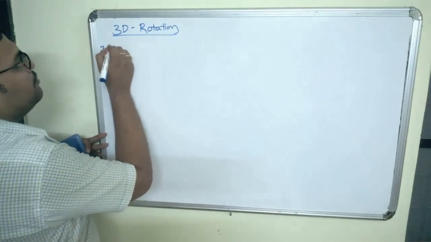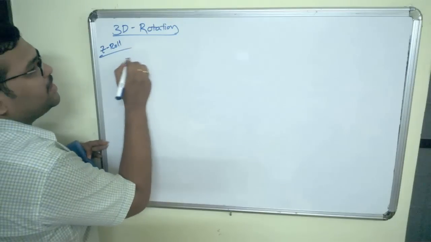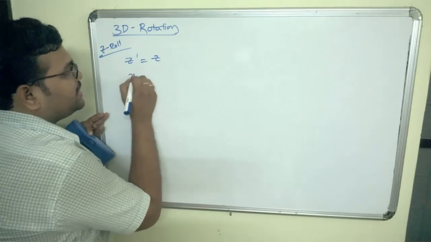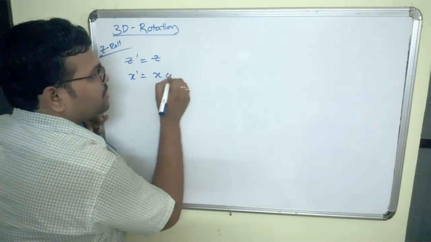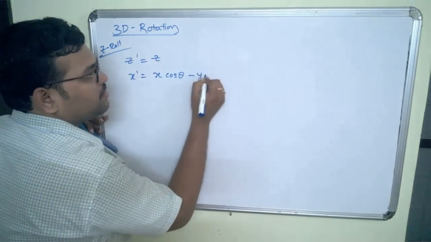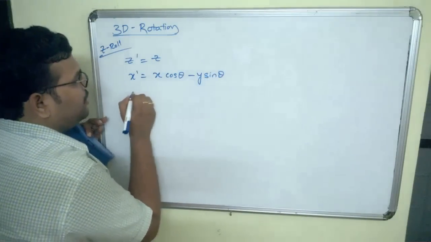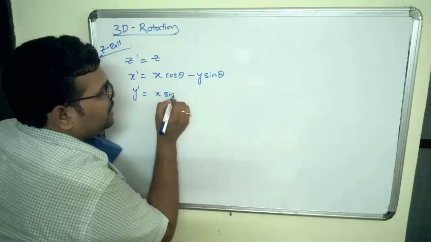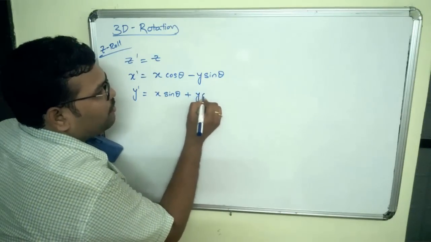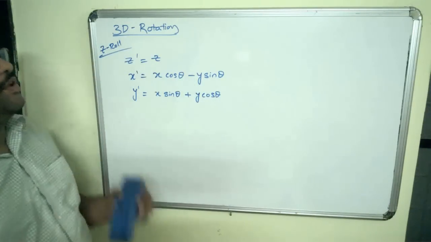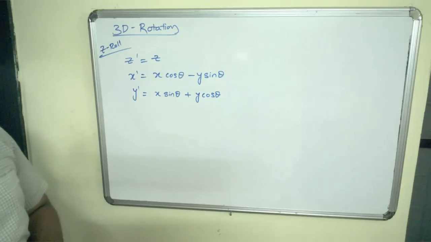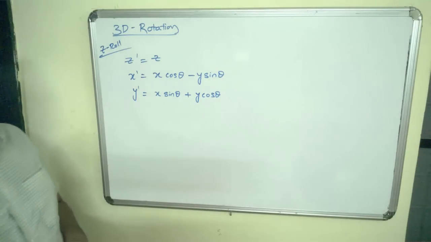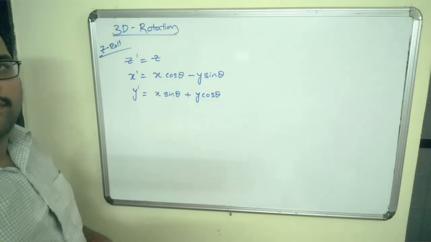So coming to the z roll, that means with respect to the z-axis, z dash will be z, and x dash is equal to x cos theta minus y sin theta, y dash is equal to x sin theta plus y cos theta. So this is the formula which we have seen in the 2D rotation itself.